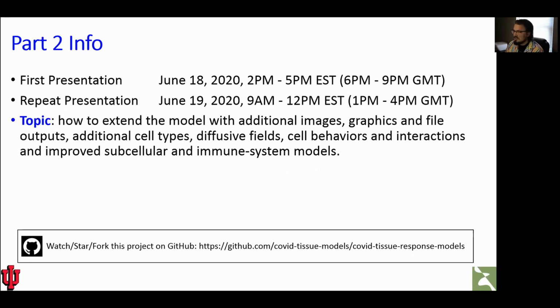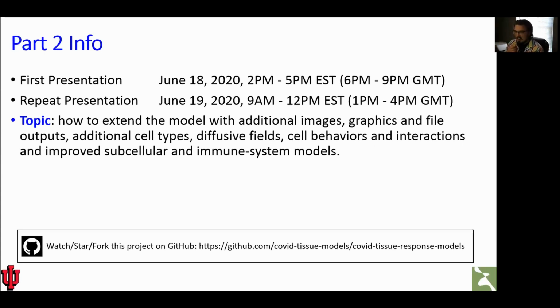With that all being said, this is the information here on your screen for part 2. We'll be doing another version of this presentation tomorrow morning, and then this same time next week we'll do part 2. In part 2, we'll actually dive into the code.